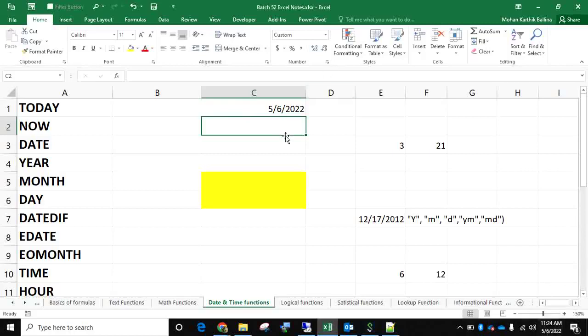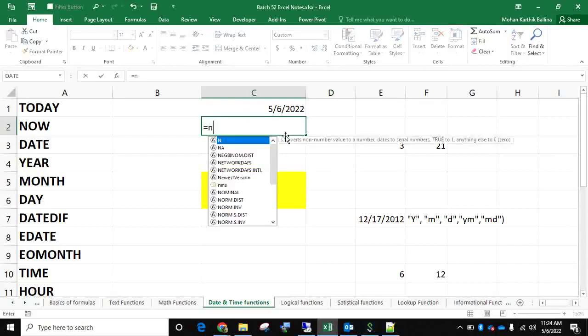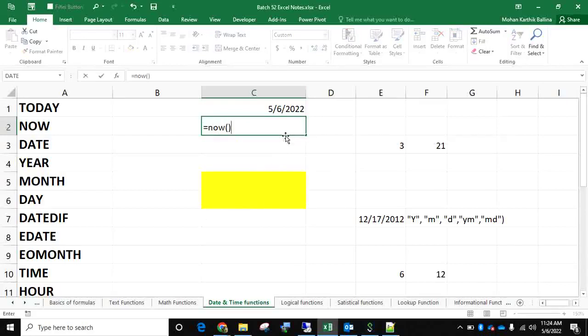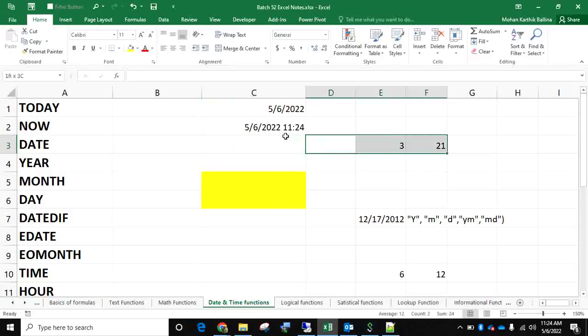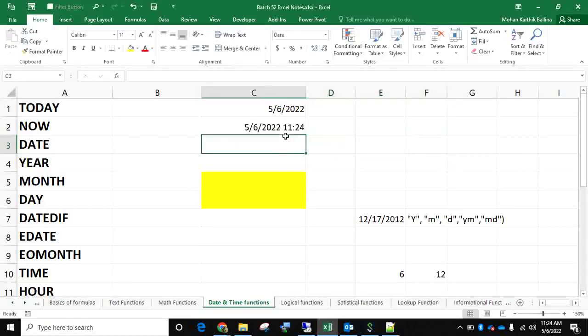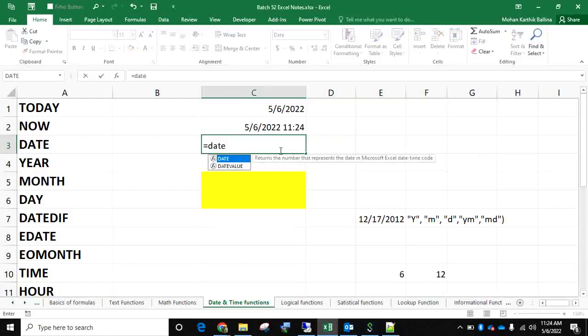Okay, now it gives date with time. Simple, only date కావాలంటే today, date with time కావాలంటే now. Next, date. Okay, so as we remember, first we need to read the descriptions or definition.